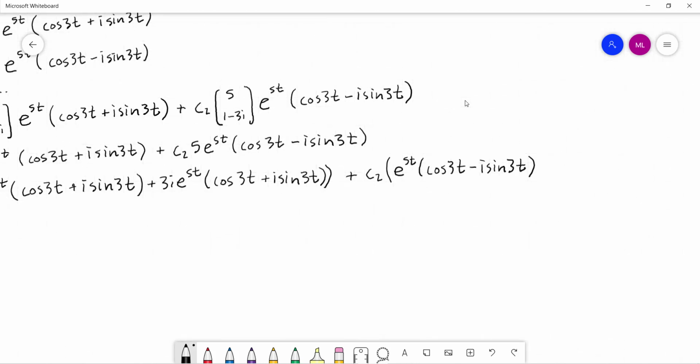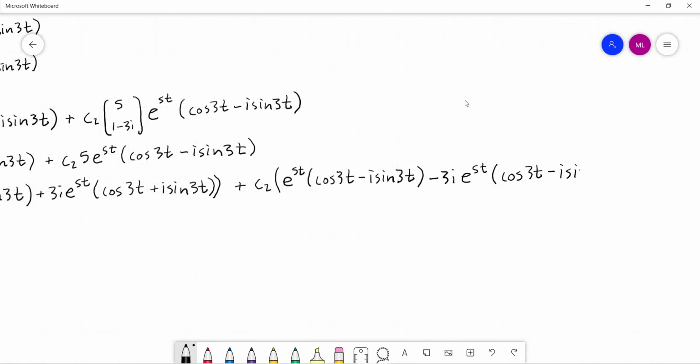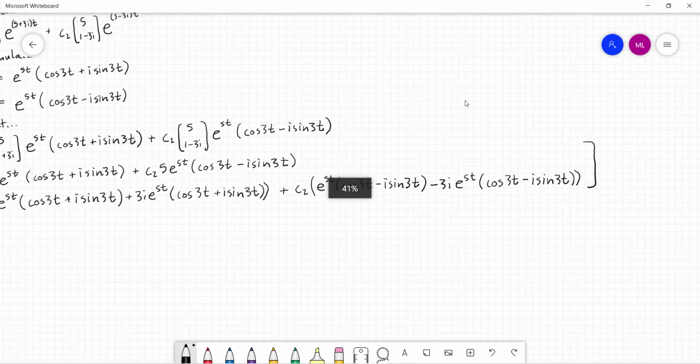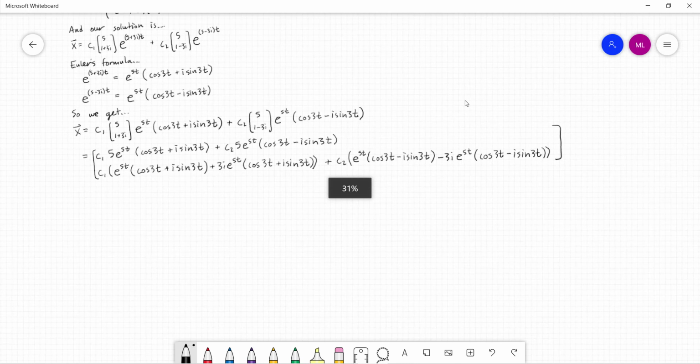And then we're going to get minus 3i e to the 5t (cosine of 3t minus i sine of 3t). Close those parentheses, and there is my incredibly long, ugly vector.